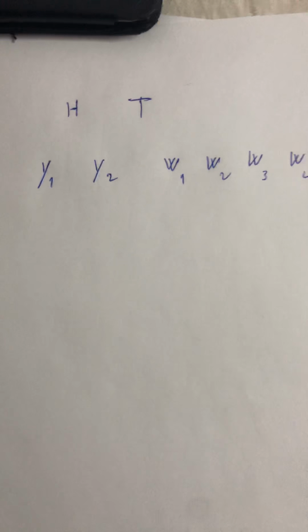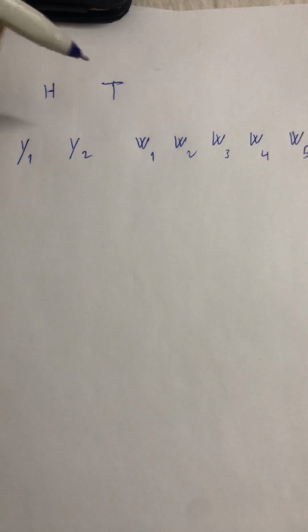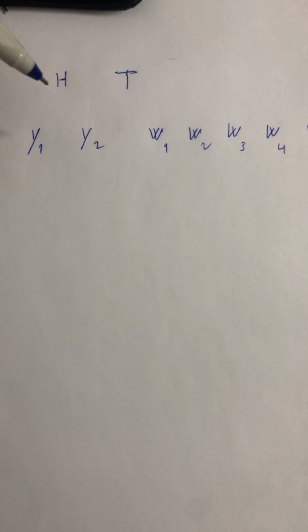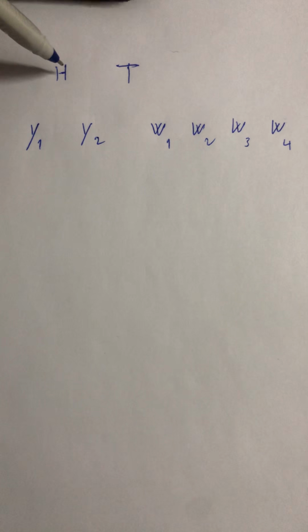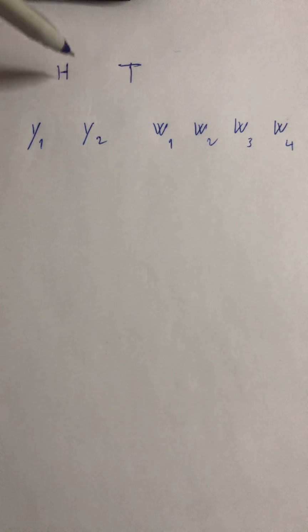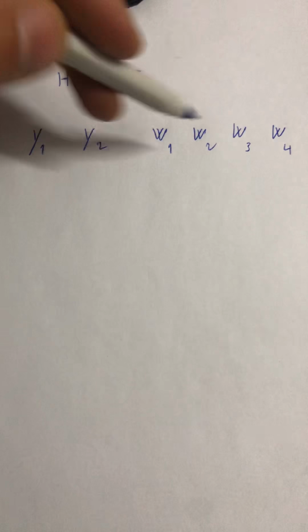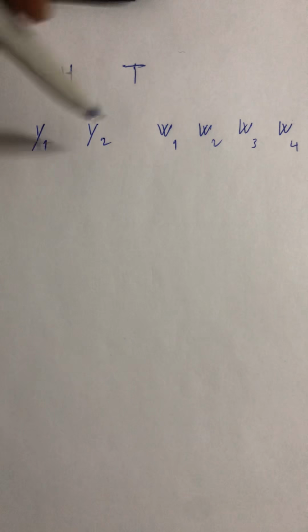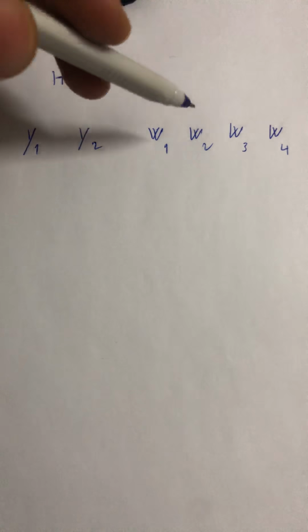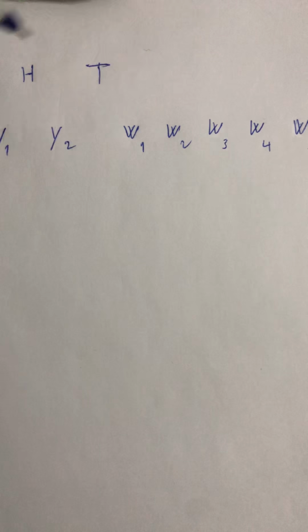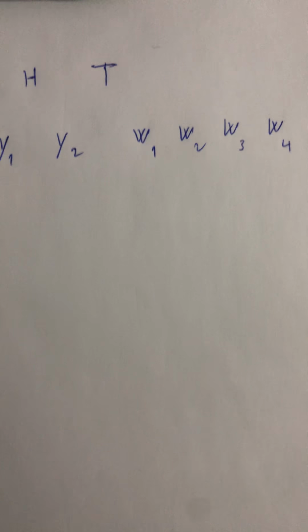Okay, so this is my diagram like this. This is the fair coin, heads and tails, 2 chances, and we have 5 golf balls, of which 2 yellow and 5 whites.